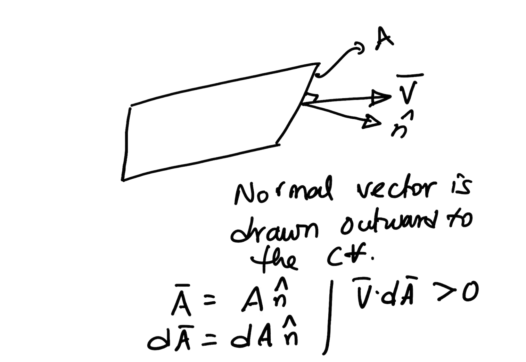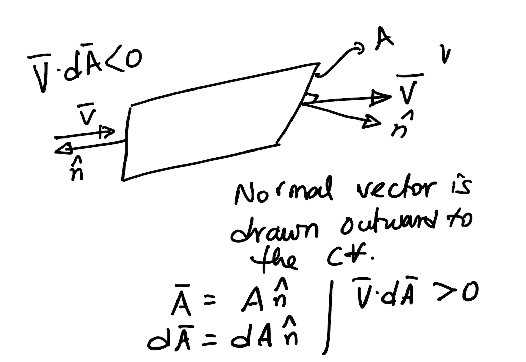Now I could have this other surface where I have the normal vector, and then let's say the velocity is going in. Here I would have V dot dA be negative in this situation and positive in the other situation. Okay.